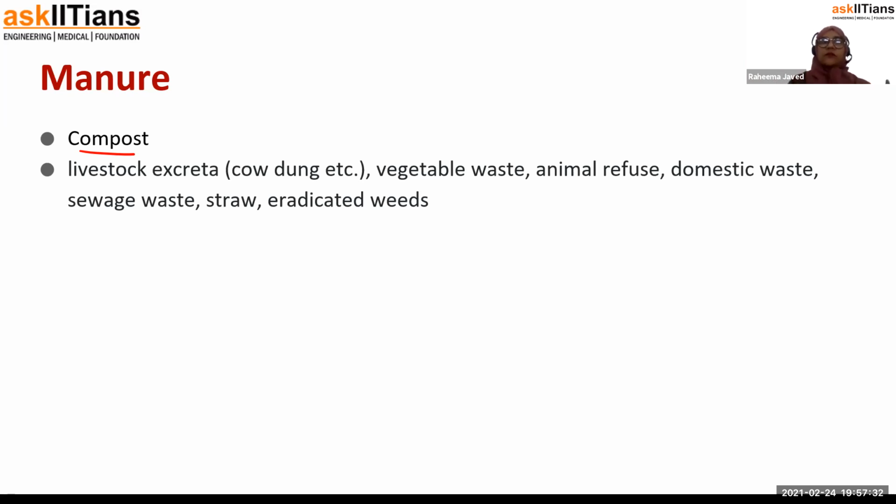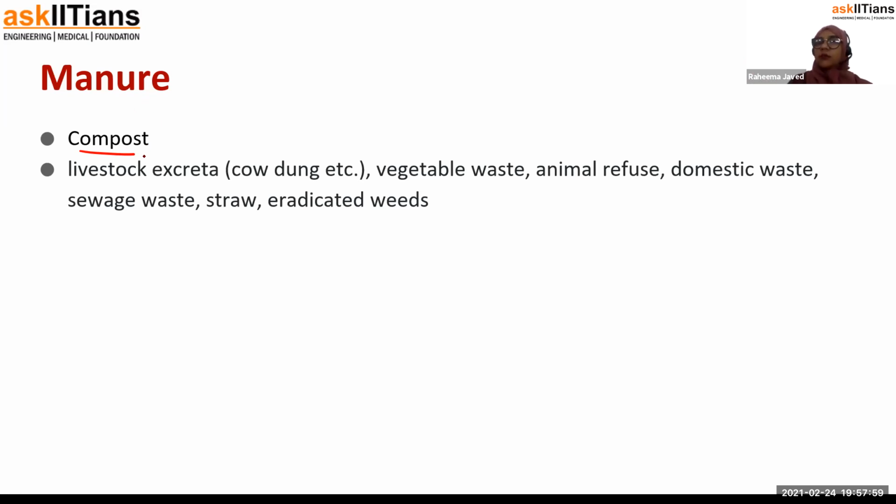It also prevents soil erosion, because the topsoil becomes rich in nutrients, and because the water holding capacity has improved, the rainwater will not take away the top layer of the soil easily.